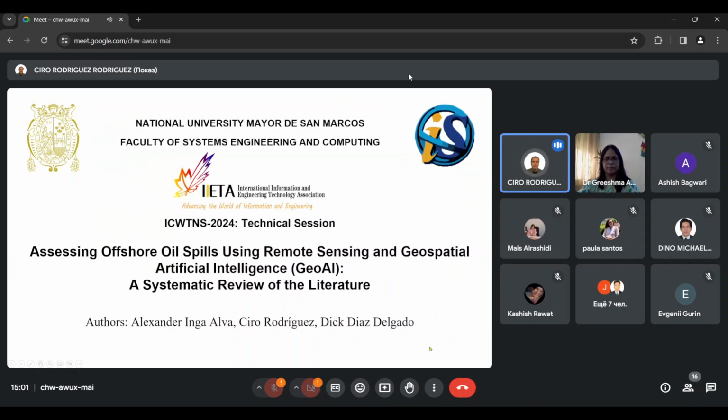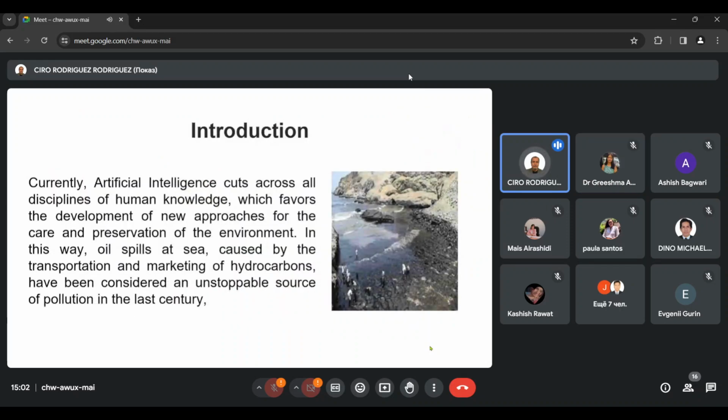Okay. Well, this is a review about assessing offshore oil spills using remote sensing and geospatial artificial intelligence. Currently there is serious damage in the environment. Artificial intelligence can cut across all the disciplines of human knowledge, which favors the development of new approaches to the care and preservation of the environment.